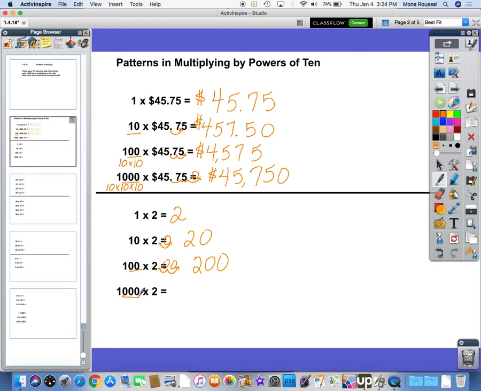When we're multiplying times 1,000, we're going to move the decimal 3 times, as these 3 zeros show us to represent 3 place value columns. The decimal starts behind the 2, since the 2 is a whole number. And we move the decimal 3 times to the right, adding 3 zeros in those empty spots, and the product would then be 2,000.